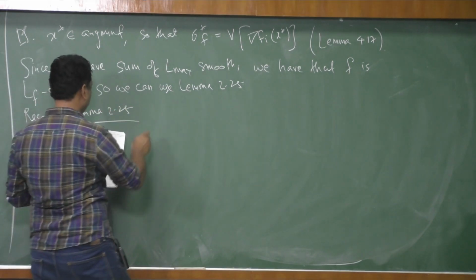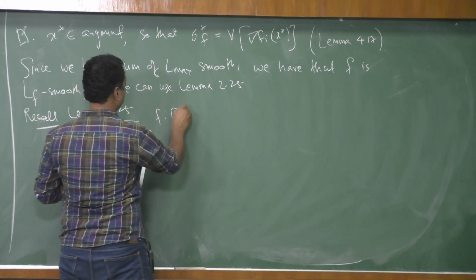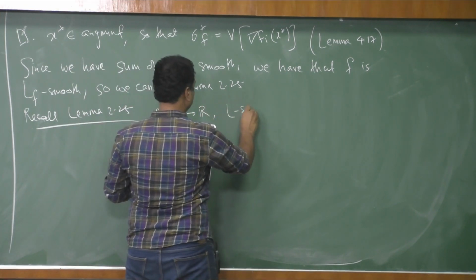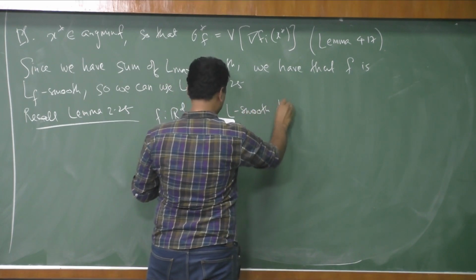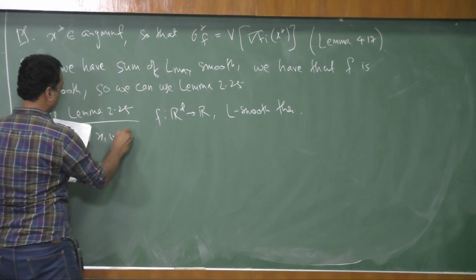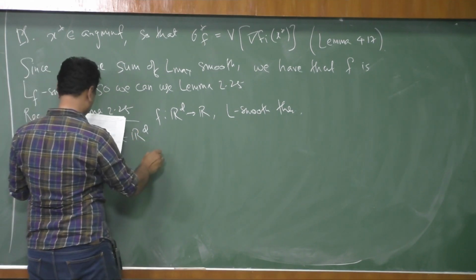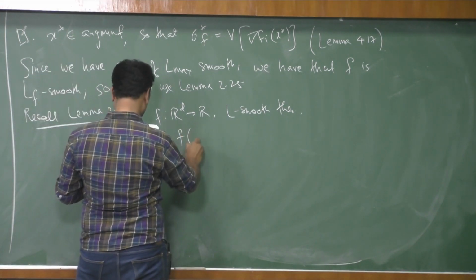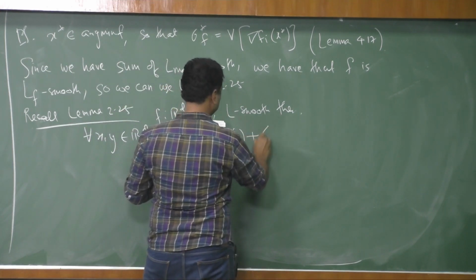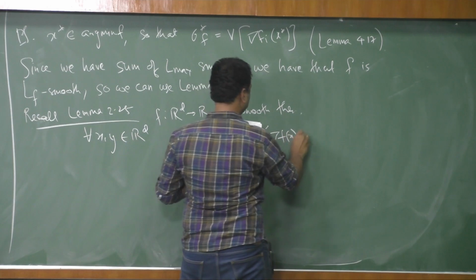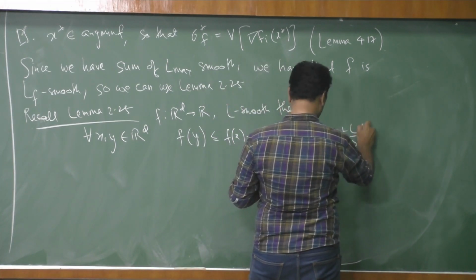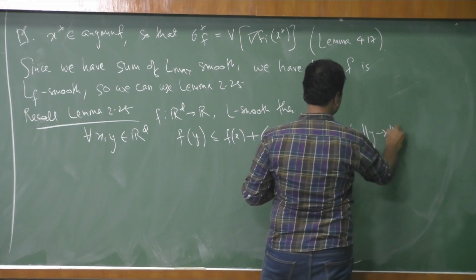So this is F from R^d to R, L smooth. Then for all x, y in R^d, basically it's a smoothness condition: F of y is less than or equal to F of x plus grad F of x, y minus x, plus L by 2 norm of y minus x squared.